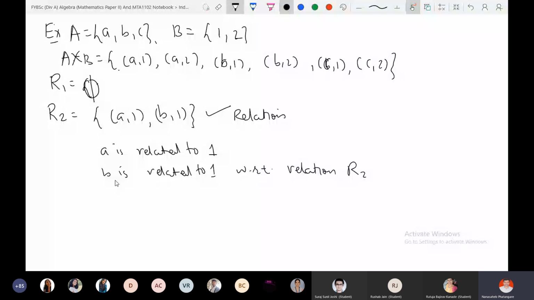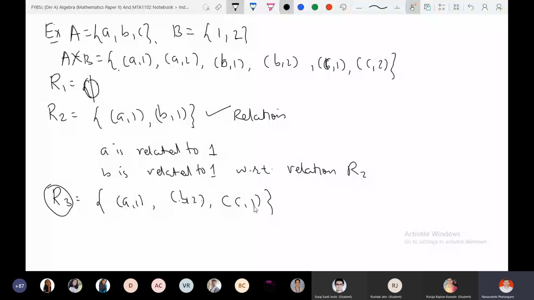See, I can take another subset R3: (a,1), (b,2), (c,1). So what this says, with respect to this new relation R3, a is related to 1, b is related to 2, c is related to 1. Right. So that is the meaning of this.